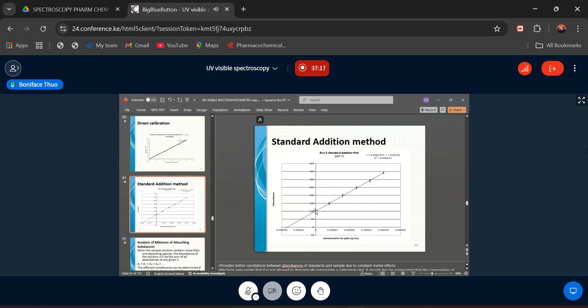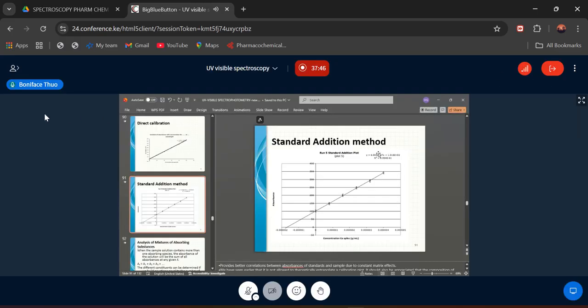So the intercept then gives you the absorbance due to the sample. So we are saying that that particular method is applicable to measurement where the background interference cannot be reliably accounted for.